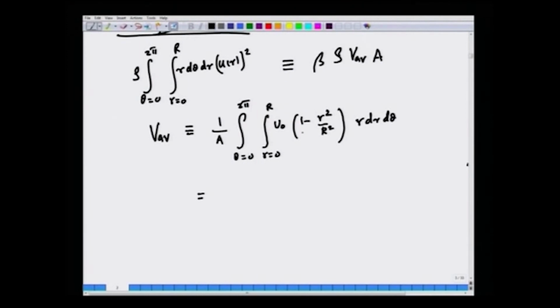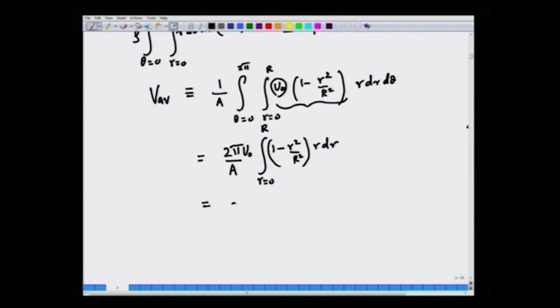First notice that the velocity expression, the integrand, is independent of theta. So, you can readily do the theta integral, 2 pi by A, times integral r equals 0 to R, and since u naught is a constant, you can pull it out. u naught is the maximum velocity at r equals 0. So, 1 minus r squared by R squared, r dr.